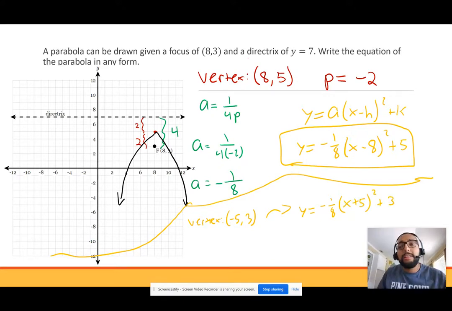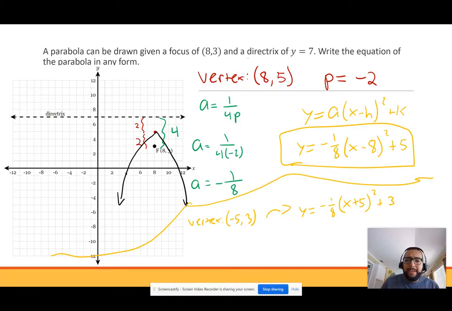I just wanted to show you that to make sure you understand it's the opposite h value. Biggest thing here, again, the p-value needs to be negative because my parabola is opening down. There needs to be a reflection across the x-axis since the focus needs to be on the inside.